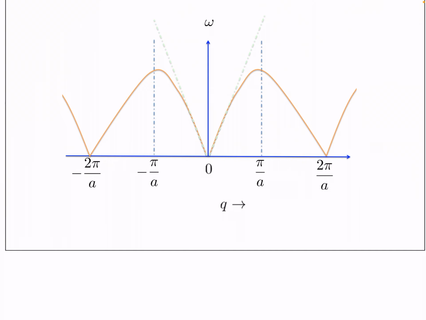So this is the relation for the acoustic or sound waves: omega equal to v times q, where v is the velocity, the speed of sound. Therefore these are the acoustic waves in this case, and this is linearly related.